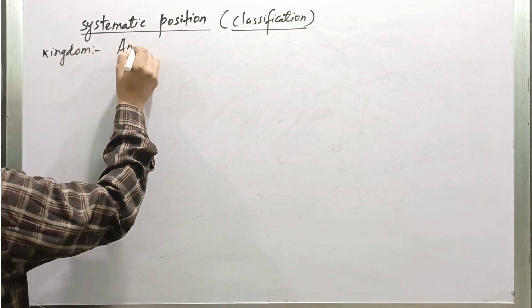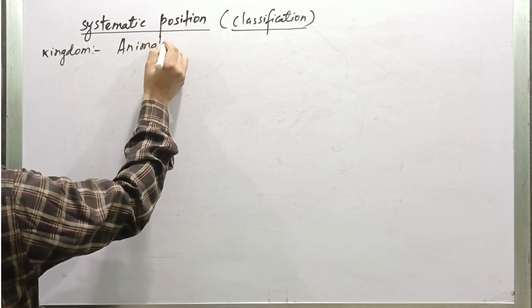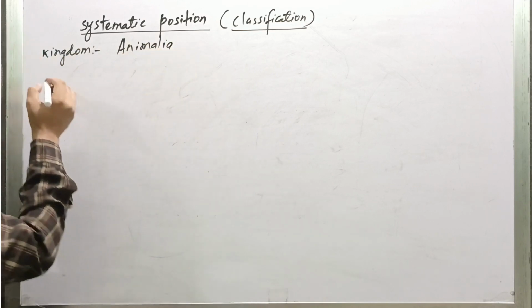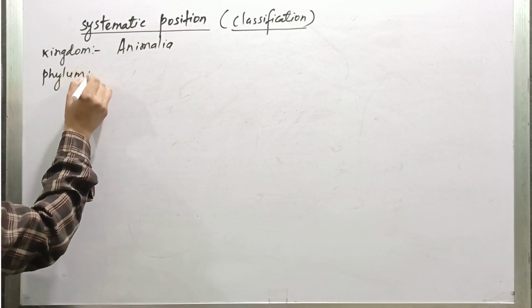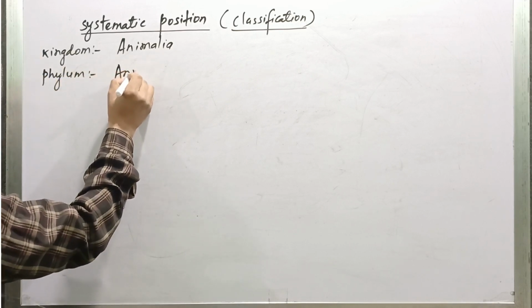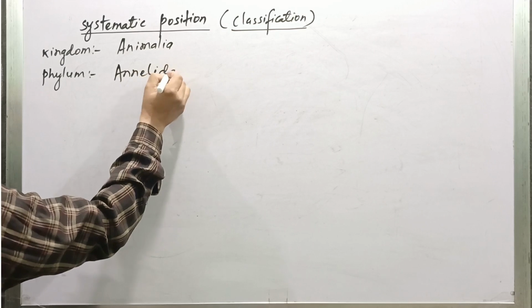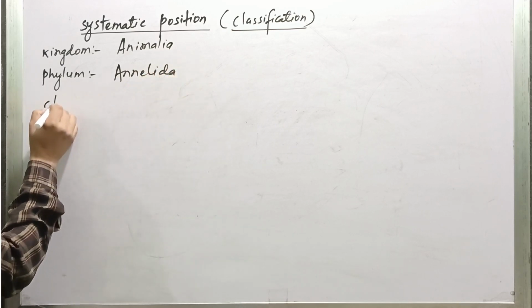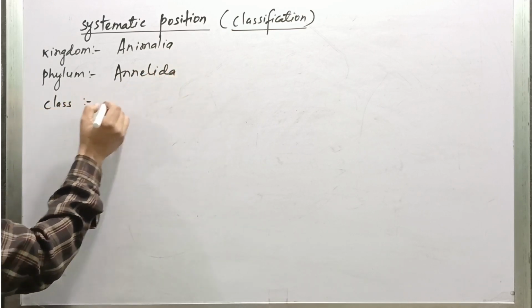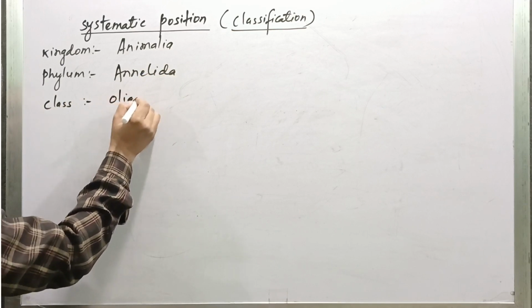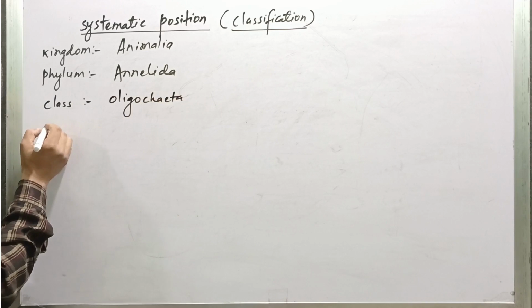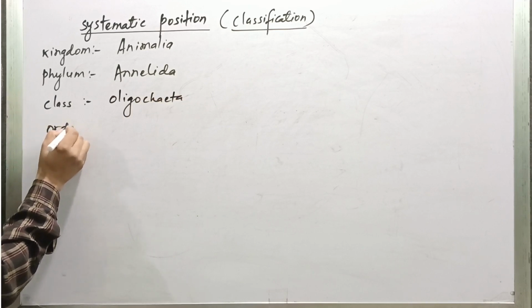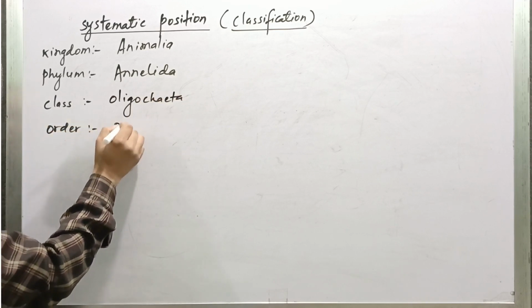Kingdom is Animalia. Then we write its phylum. Phylum is Annelida. Then we write its class. Class is Oligochaeta.